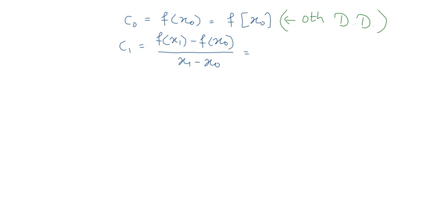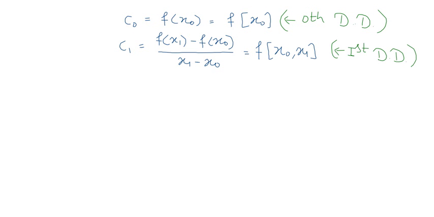So c1 clearly depends on both x1 and x0. This is denoted by f of x0 comma x1, which is called the first divided difference of f.